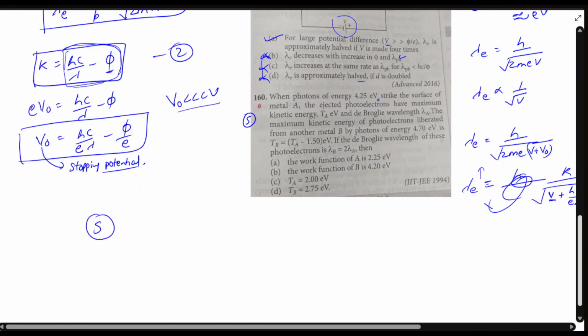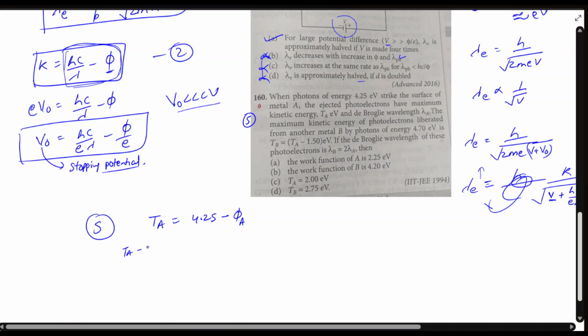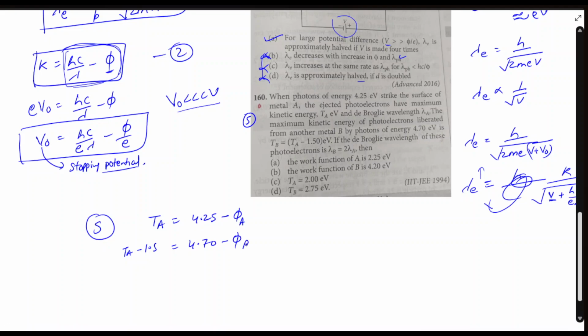So when a photon of energy this strikes the surface of metal A, the ejected electrons have maximum kinetic energy TA. So we can write TA is equal to 4.25 minus phi A. The maximum kinetic energy of photoelectrons liberated from another metal B with the photon of this energy is TB, which is TA minus 1.5, equal to 4.70 minus phi B. Now the de Broglie wavelength of these photoelectrons is this and this.